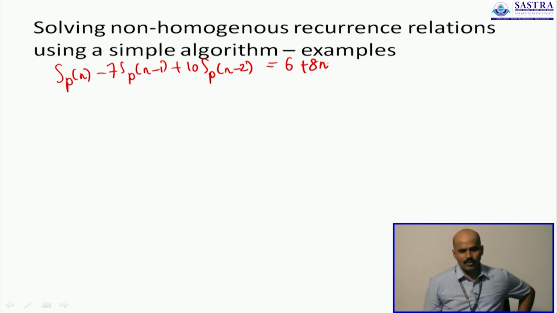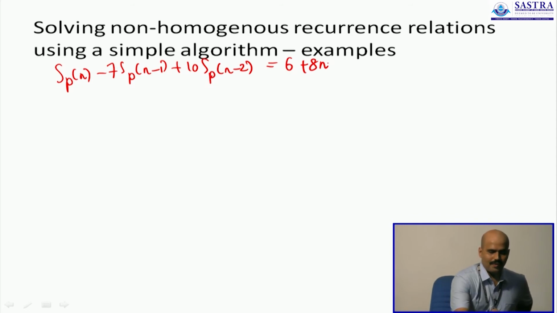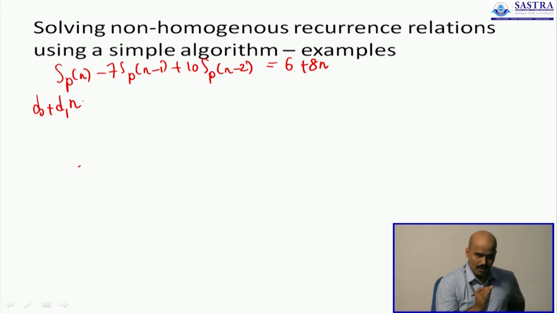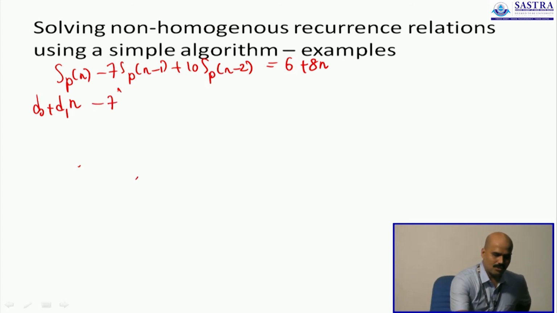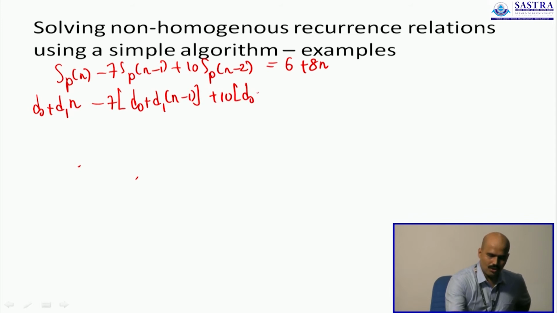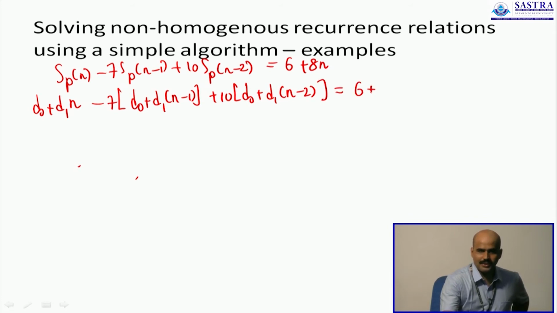Now we will write down the answers that we got in the previous screen on the board. Sp of n is d naught plus d1n. That's straightforward. There are no adjustments to be made. Minus 7 times d naught plus d1 times n minus 1, plus 10 times d naught plus d1 times n minus 2, all of them adding to give us 6 plus 8n.